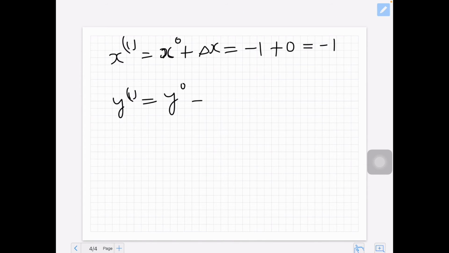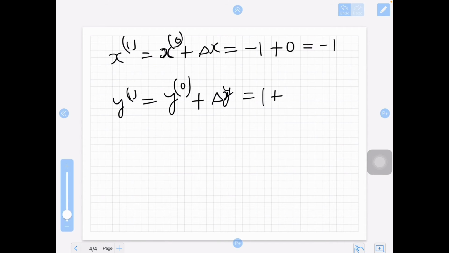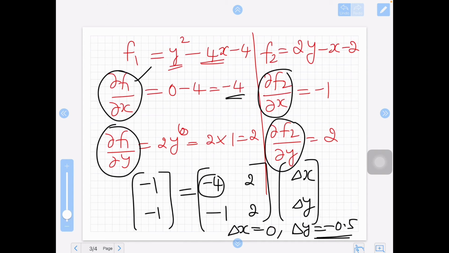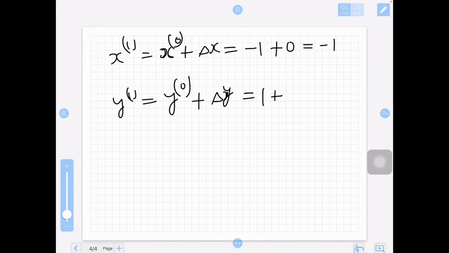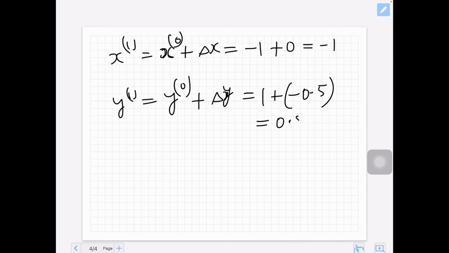And this is y of 0 plus delta y. The y of 0 they have given is 1, plus the delta y value, minus 0.5. If you simplify that, you will get 0.5. So this is the solution at the end of the first iteration.